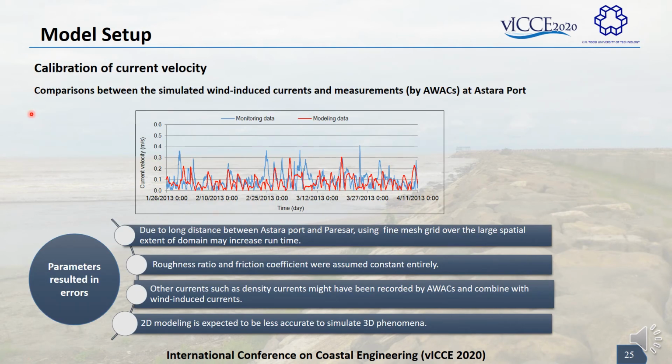At last, the two-dimensional model was calibrated with monitoring data at Astara port, as you can see here. You can see here the comparison between the simulated wind-induced currents and measurements by AVAX at Astara port. There are several parameters that resulted in errors, for example constant roughness ratio and friction coefficients, and others.